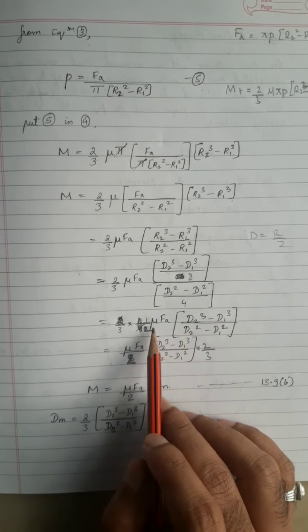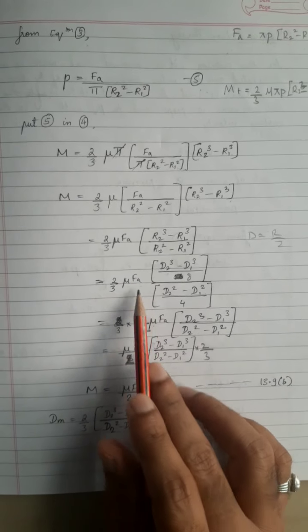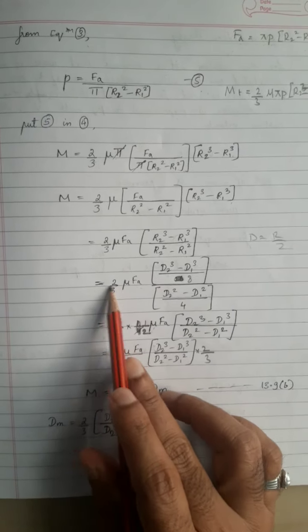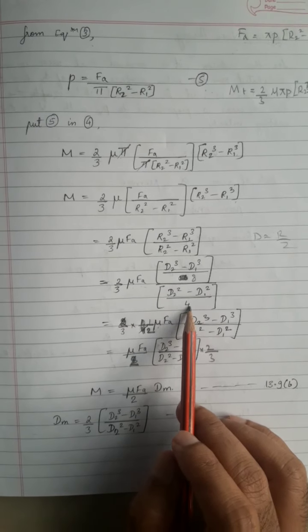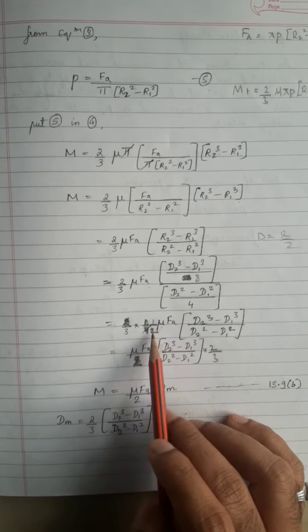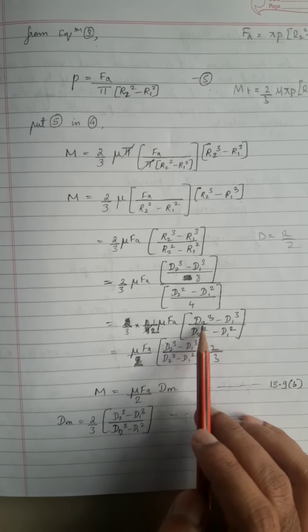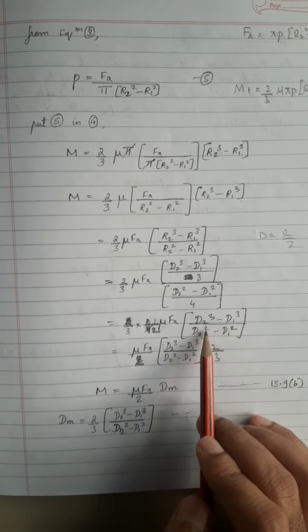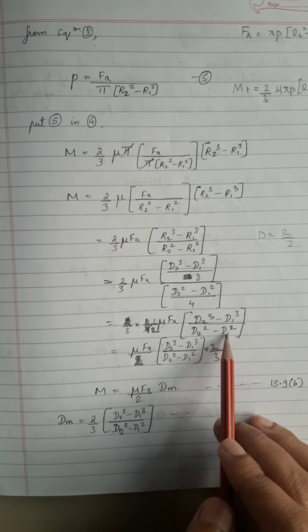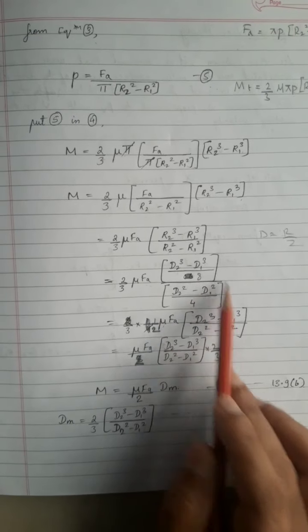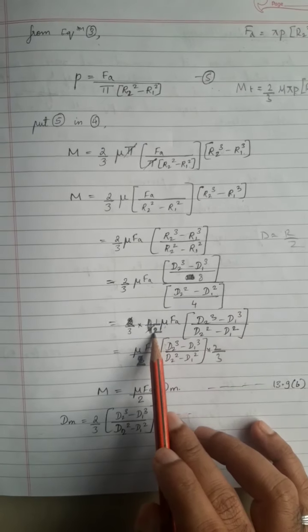Cancelling these terms, we write mu into Fa into 2 by 3 as it is, and cancelling these two terms we write 1 by 2 into (d2 cube minus d1 cube) divided by (d2 square minus d1 square). This is 1 by 2 because the 8 goes to the numerator and the 4 comes to the denominator.